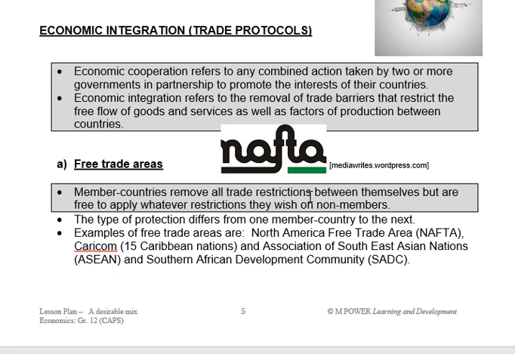If you memorize one example, it is this one, the SADC. We are going to look at the SADC in detail in the next lesson. Basically, a free trade area means there's no restriction on the flow of goods and services between member countries, and each member country will have their own restrictions that they will use against trade with non-members.